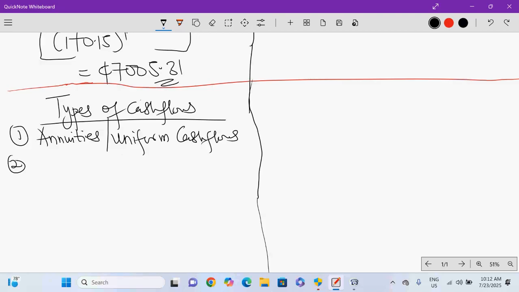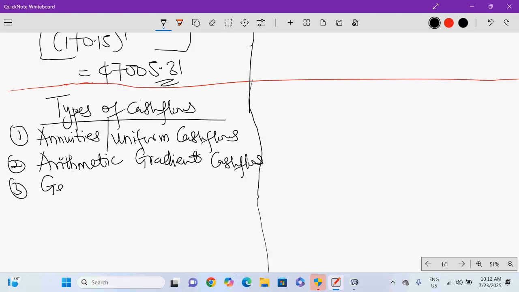So today we'd like to continue with the arithmetic gradient cash flow. Then we move to the geometric gradient cash flow.